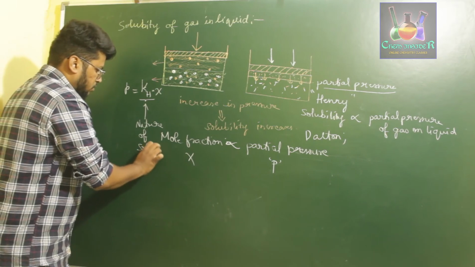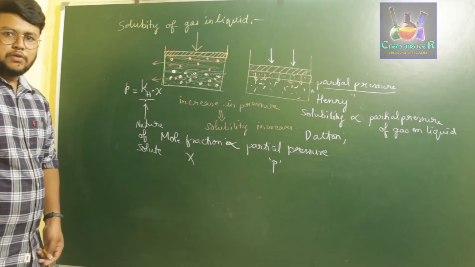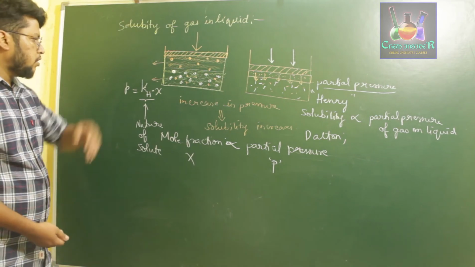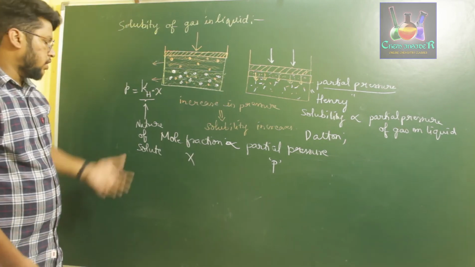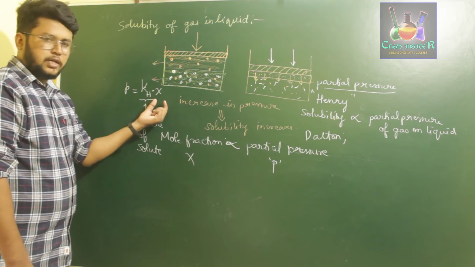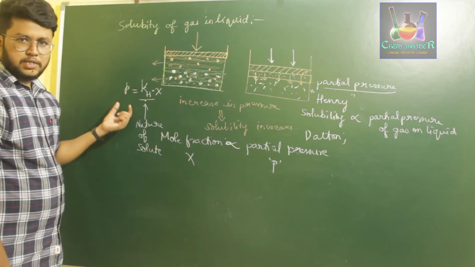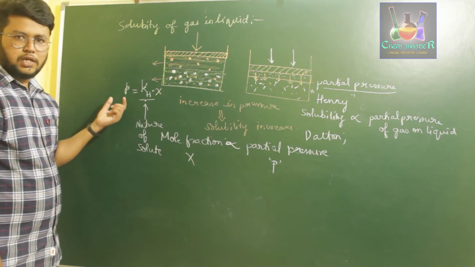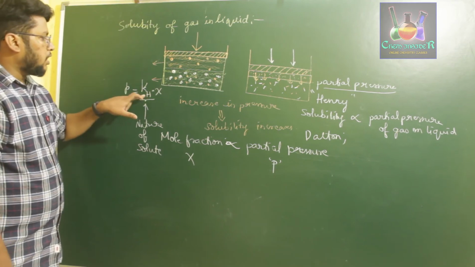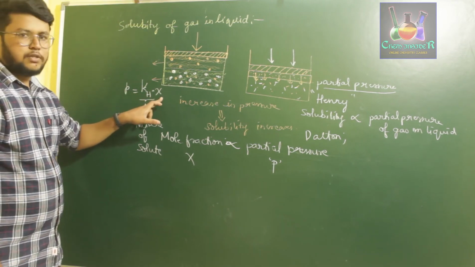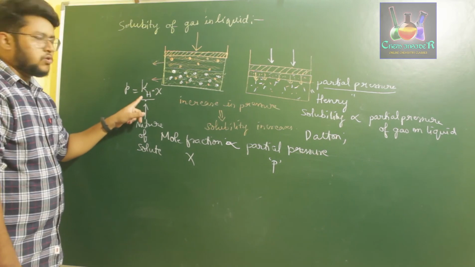If you observe over here, the partial pressure of a gas will always be the same. If you consider the mole fraction, if one term decreases, the other term has to stay the same. Therefore, kH varies if X varies.